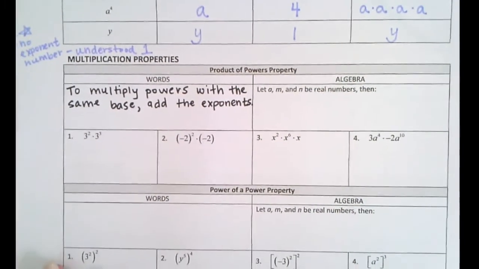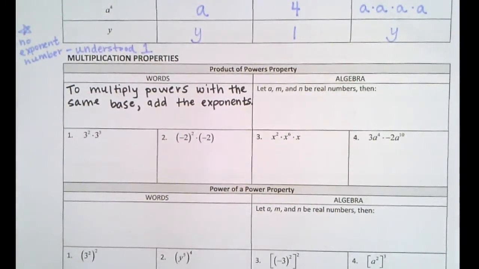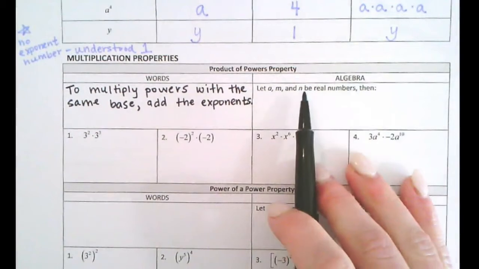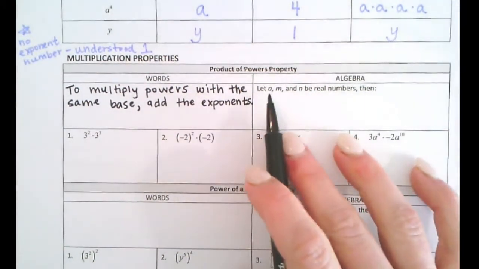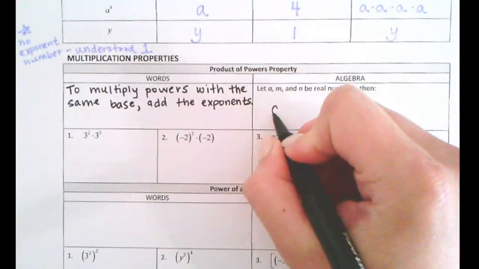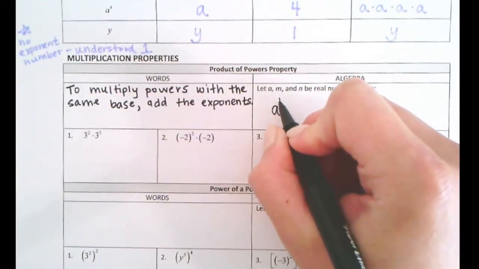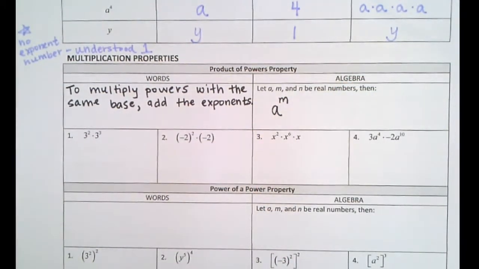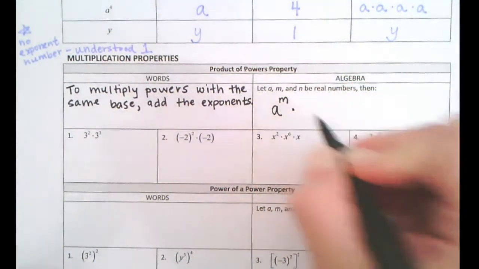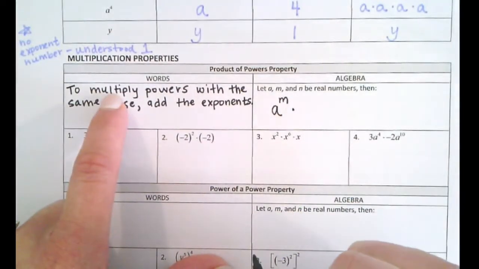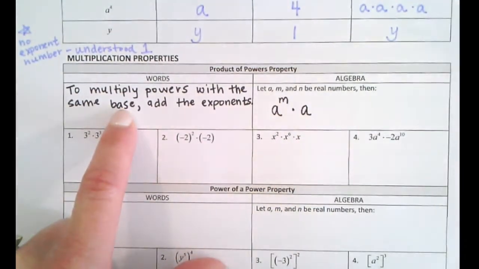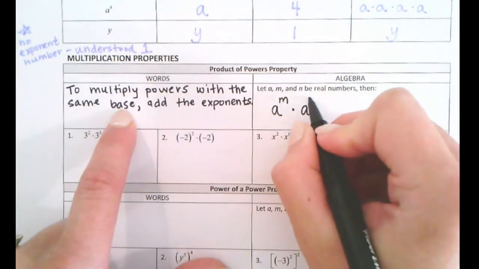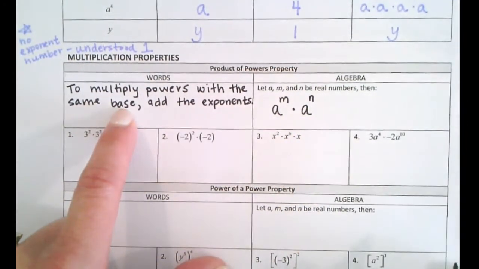Let me show you what this means algebraically. Let a, m, and n be real numbers. Then I'm going to use a as my base raised to the power of m, multiplied by, because we are multiplying powers with the same base, so I'm going to write the same base of a, but this time I'm going to raise this one to the power of n.